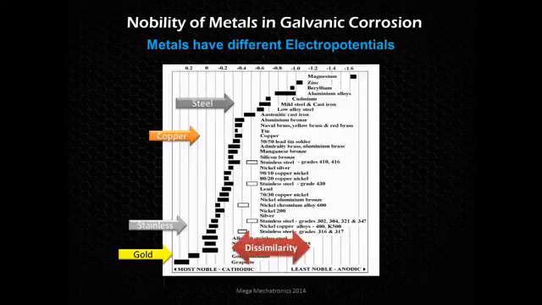The difference between the electropotentials, we call that dissimilarity of the metals. And something to point out here, which is very relevant, is copper and the lead tin solder. That's why we use that type of solder with tin in it with the copper, because they're so similar. We're not going to get that galvanic corrosion because their electropotentials are nearly the same.